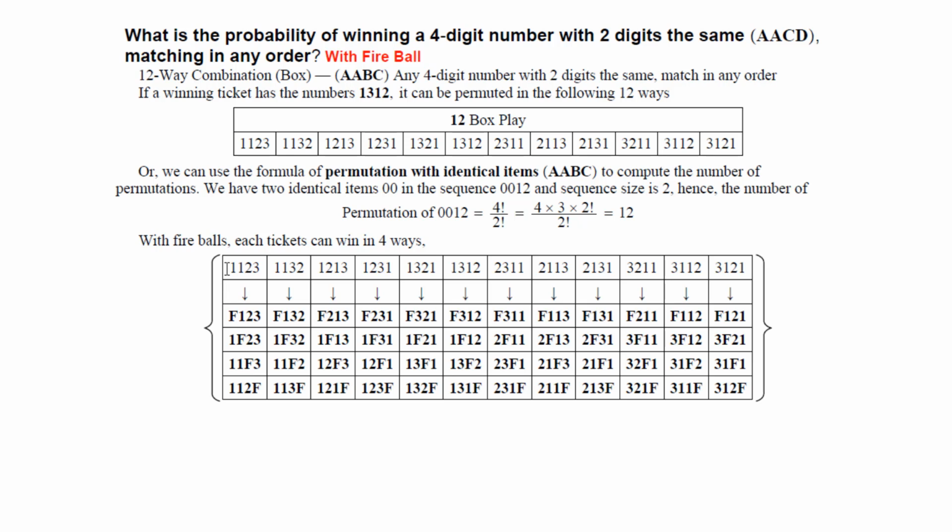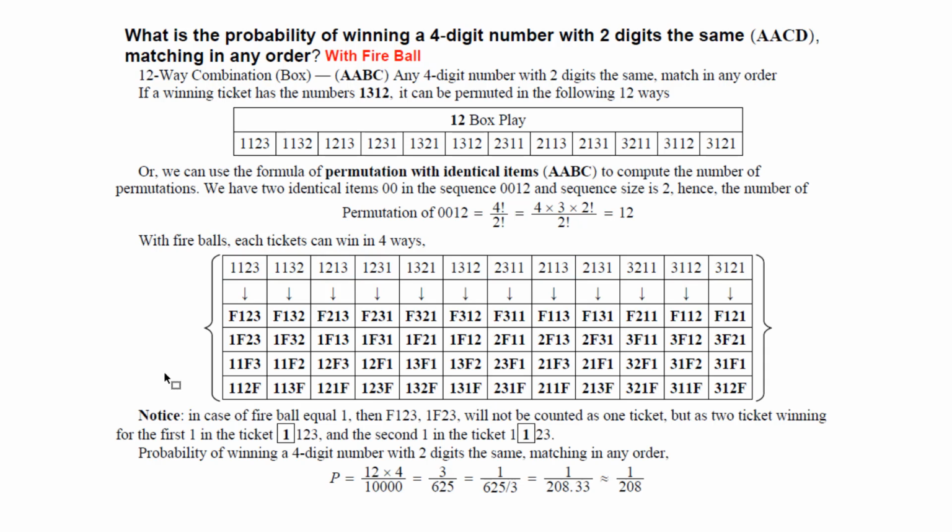So now the number of possible outcomes is 12 times 4, and in such case the probability is 12 times 4 divided by 10,000, which is 1 chance out of 208 trials.